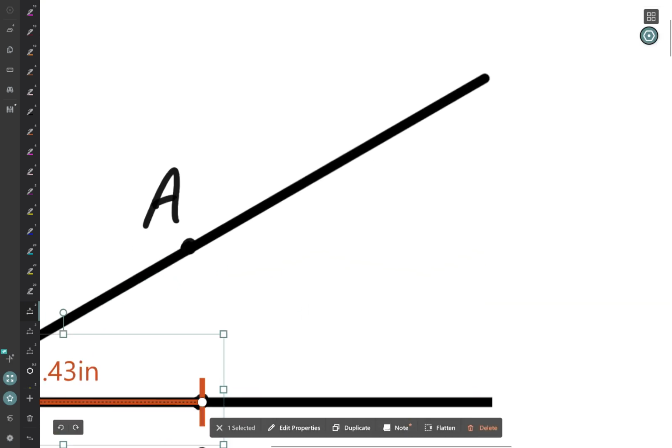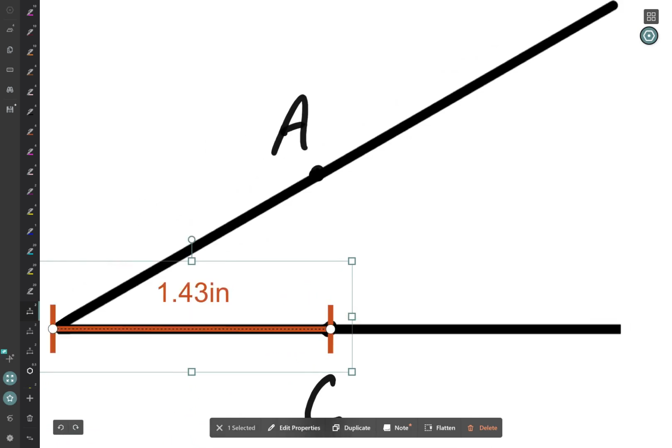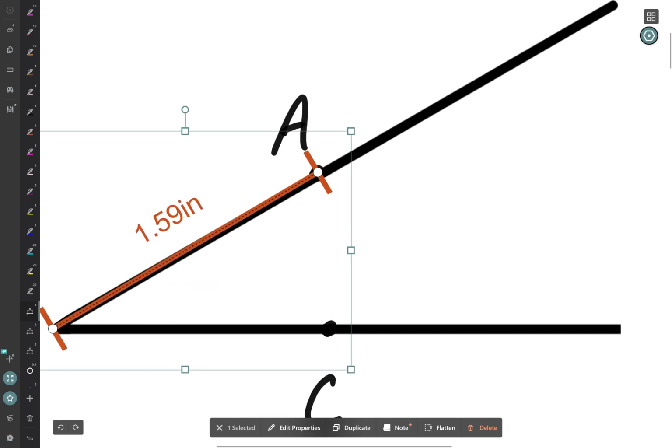Right there, as you can see, it says that is what? 1.43 inches. Agreed? Don't write this down. Probably have no problem measuring that distance. 1.59. Agreed? We're all used to measuring along a line. But you measure along something. You're measuring along a line there. There are different ways to measure besides along a line, but that's the one we deal with the most.